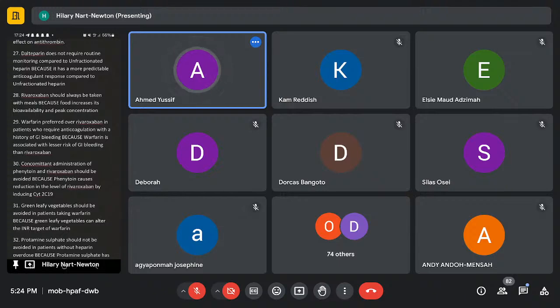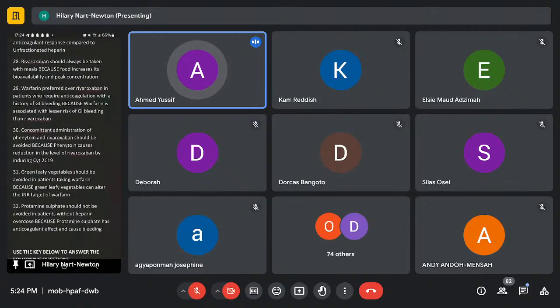If the patient has a history of, say, gastritis or GI bleeding, and you want to do anticoagulation between warfarin and rivaroxaban, it was realized that warfarin had a lesser incidence of GI bleeding compared to rivaroxaban.